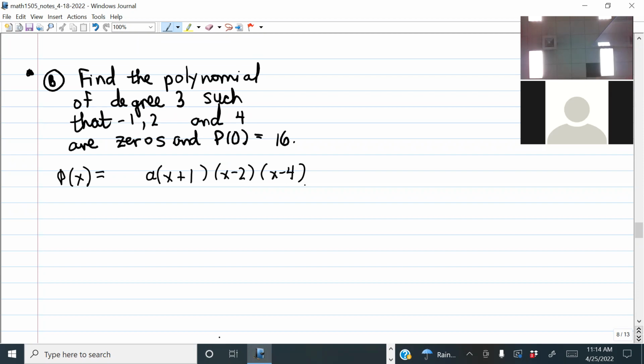But we have to choose the A properly, so that P of 0 will turn out to be 16. Did y'all get the proper value for A at home? Someone at home get that? Can y'all check that in? What is A equal to in this formula so that P of 0 will be 16?